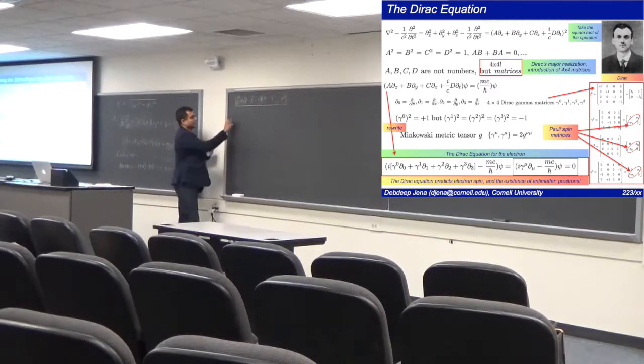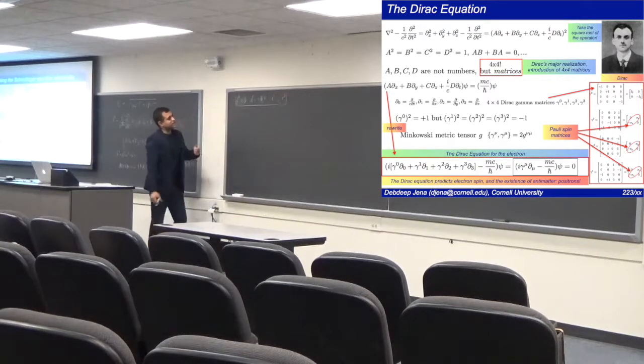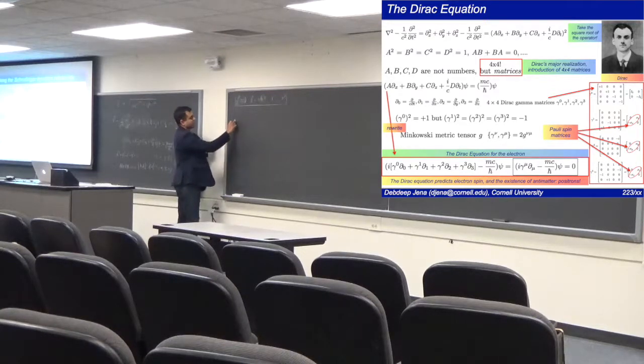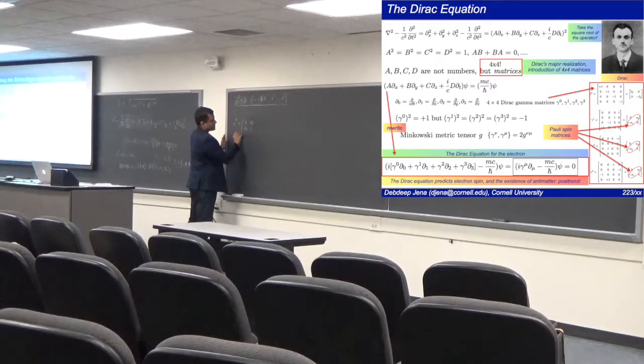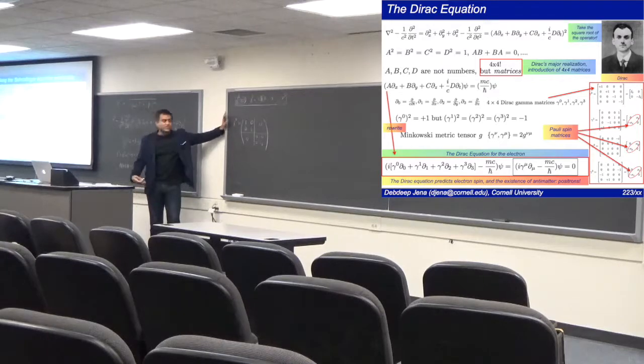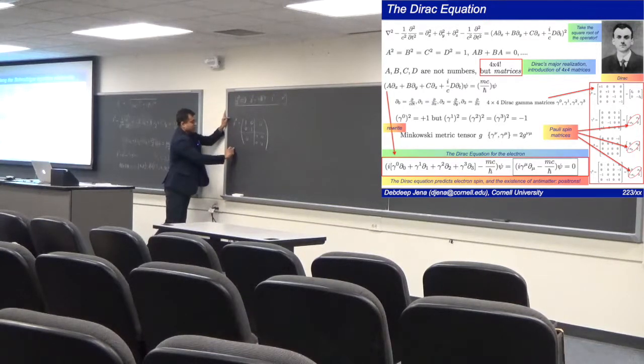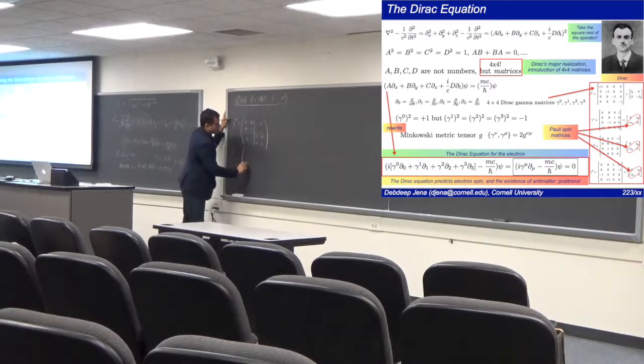And if you look at how these matrices look, what's very interesting is the gamma naught, for example, is a 4 by 4. What it looks like is 1, 0, 0, 1. So that's the identity matrix. Then you get all zeros, and then minus 1, 0, 0, minus 1. So as you know, matrices can have many representations. You can linearly mix them up and all that, but this is one representation. Similarly, if you look at what is gamma 1, what you'll find is this is actually 0.